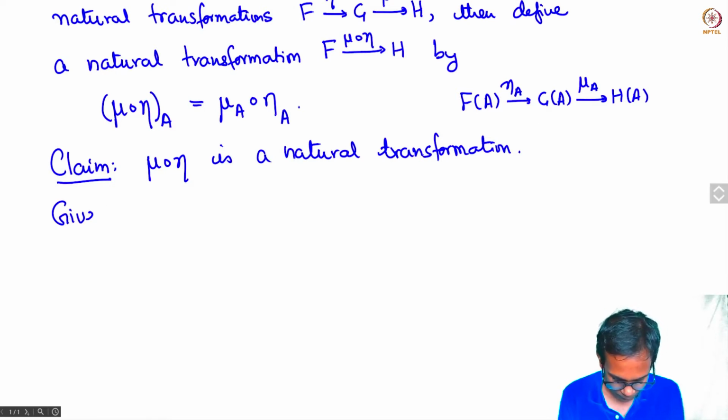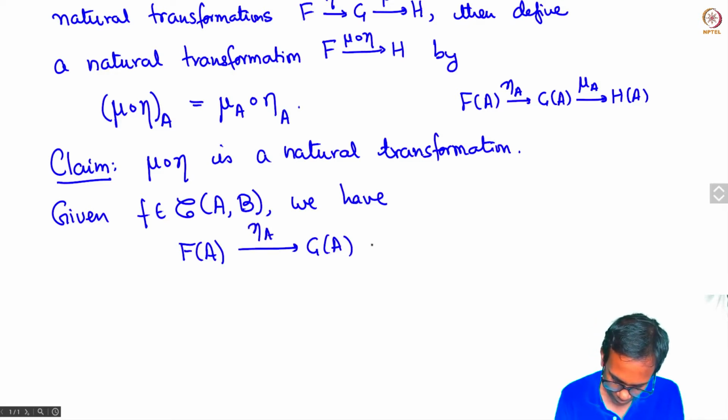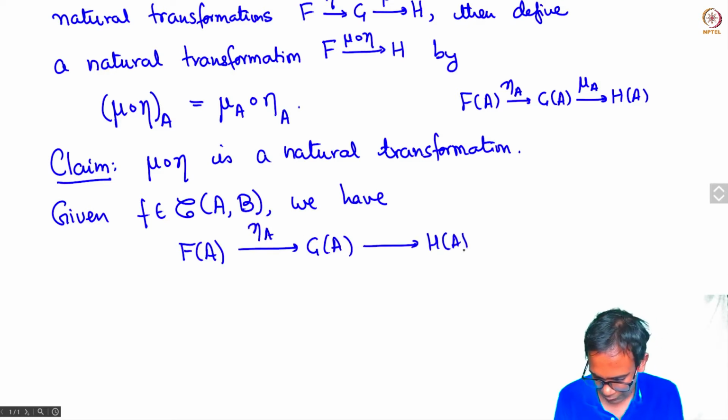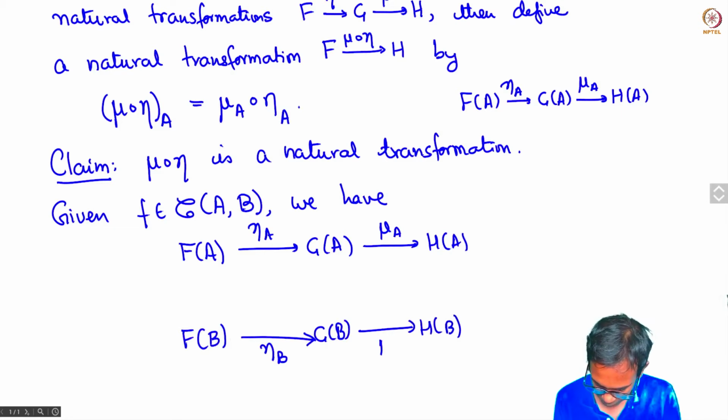So given f, an arrow in the category C from A to B, we have from F of A to G of A, eta A, and from G of A to H of A we have mu A. And similarly from F of B to G of B we have eta B, and from G of B to H of B we have mu B.